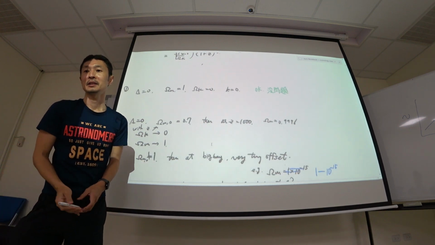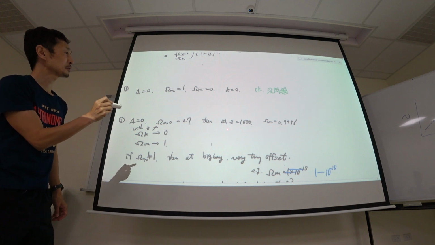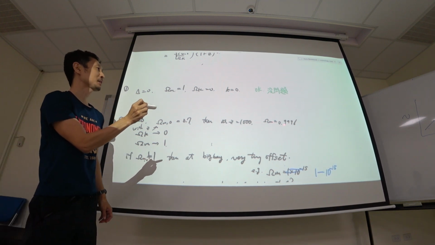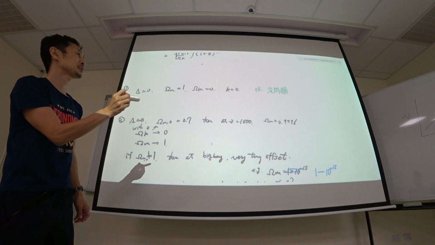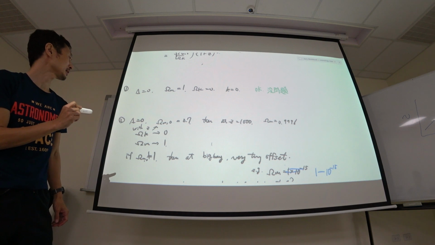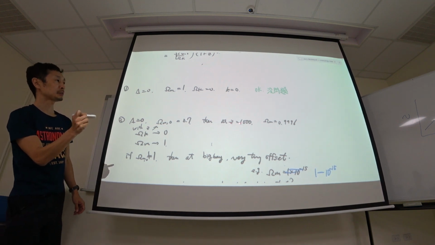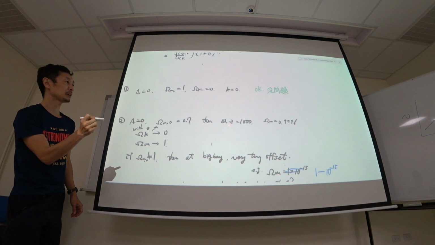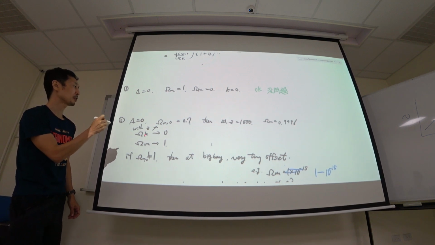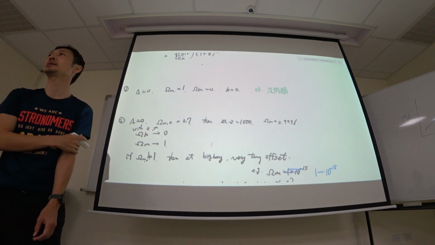Let's say if you go back to redshift, say, 1000, omega matter is going to be 0.9996, but not 1. So basically, if you go to higher redshift, omega matter is going to be close to 1, and omega curvature is going to be close to 0, but not 1.